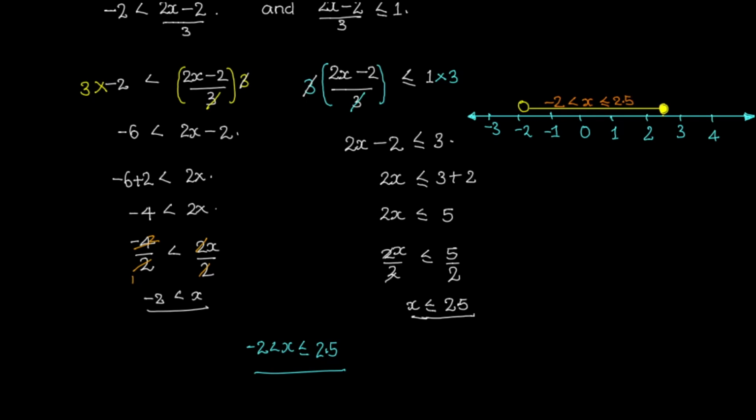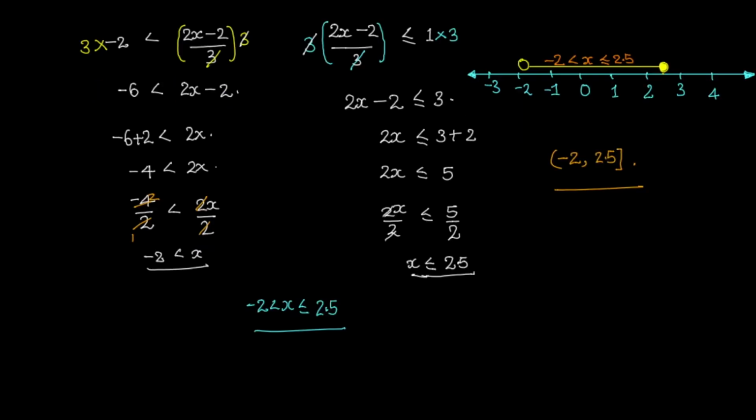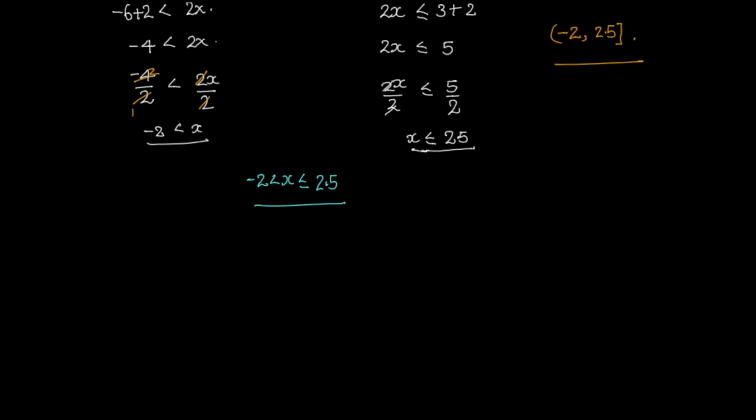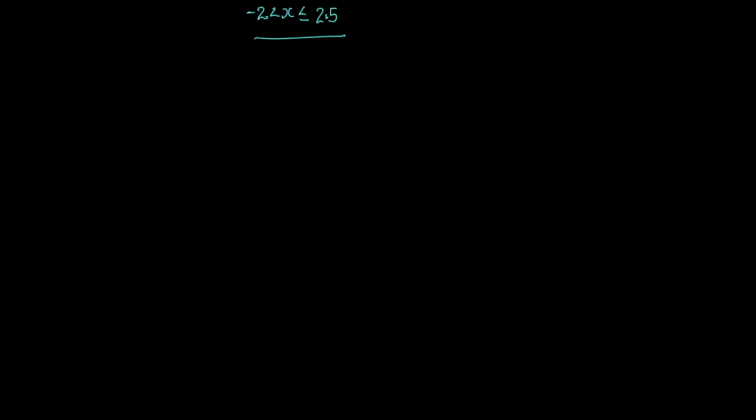Then for our solution, we'll have negative 2, 2.5, and this is open, this one is closed, square bracket. Well, I think we're moving on well, so let's move to the next part, and that is part F.